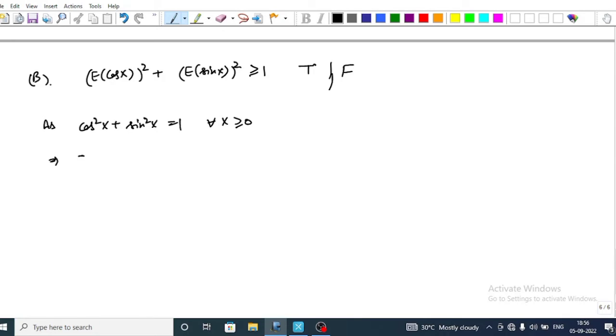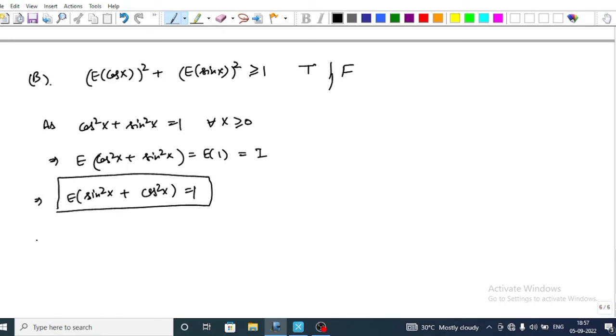This implies that expectation of cos square x plus sin square x equals to expectation of 1, as we know that expectation of constant is constant. Now this implies that expectation of sin square x plus cos square x equals to 1.